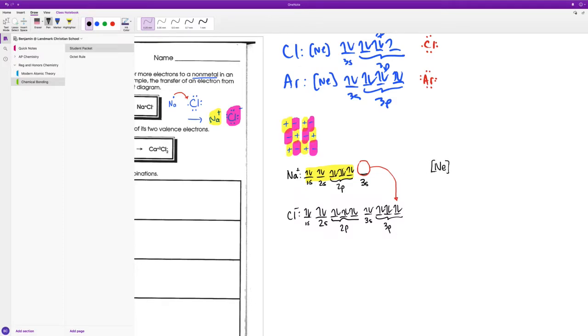Okay? So when sodium loses an electron, and we have this right here, that is exactly the same. It's the exact same thing as neon's electron configuration. Now, remember, neon is a stable noble gas atom.